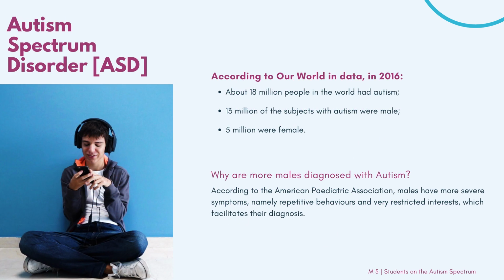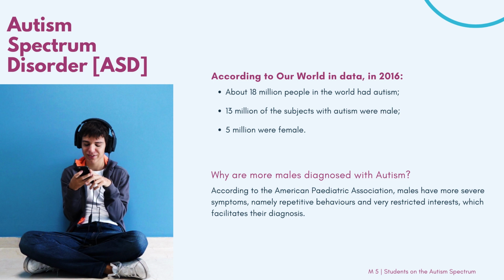Some statistics that tell us about what we see and often do not understand. According to Our World in Data, in 2016, about 18 million people in the world had autism. 13 million of the subjects with autism were male, 5 million female. Why are male subjects more often diagnosed with autism?